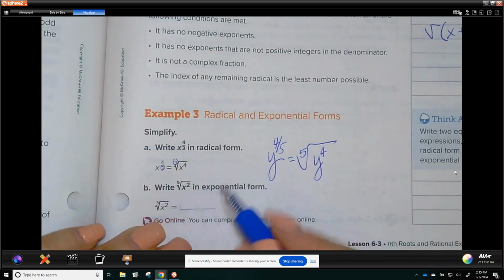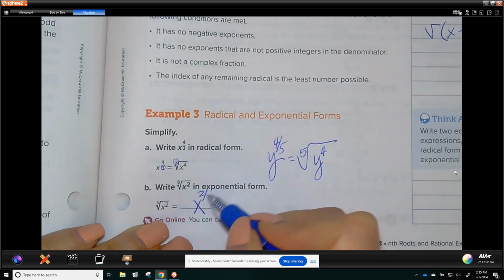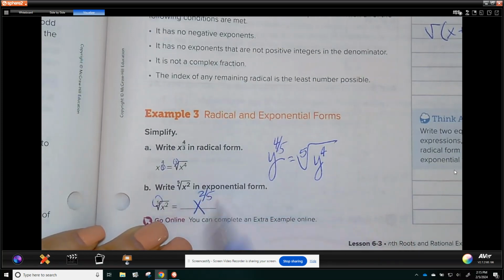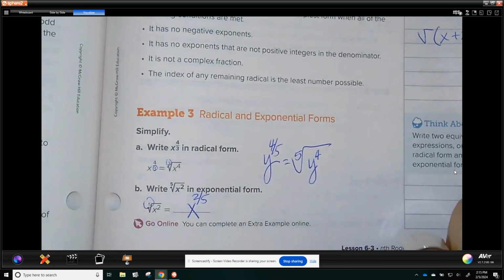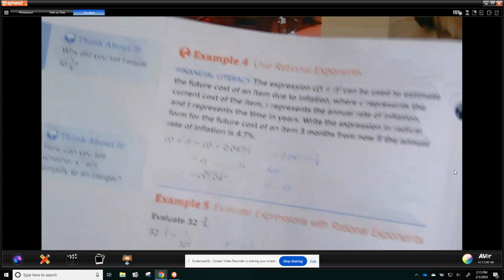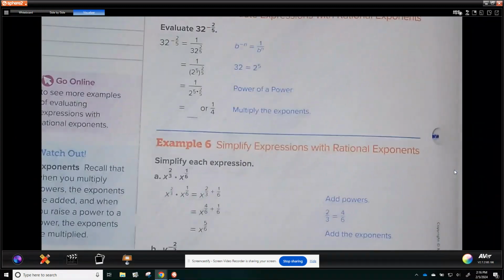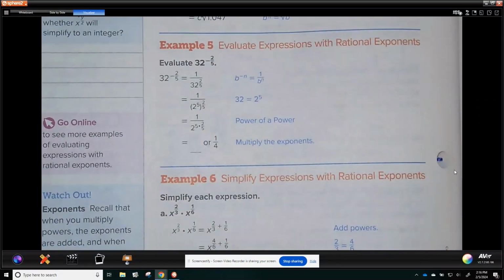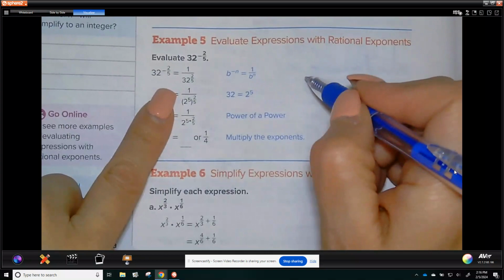So now writing this in exponential form, x to the 2/5. 5 is smaller, goes on the bottom, the denominator, power is 2. Example 4, I feel they did it completely, so I'm not. Example 5. I'm going to write it over here.